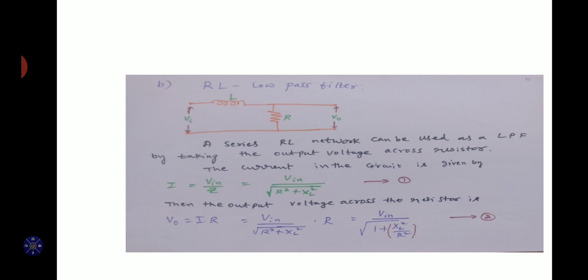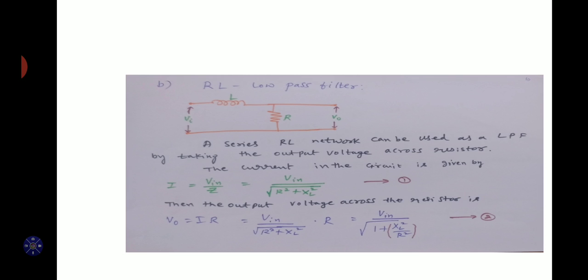An AC input signal, we can explain the RL low pass filter like this. An AC input signal is applied across the series combination of inductance L and resistance R, and the output is taken across the resistance.